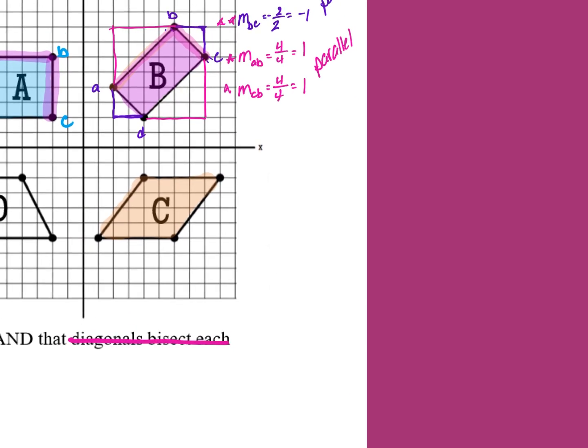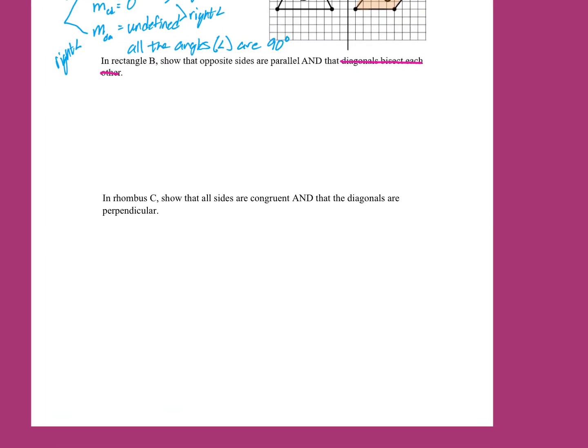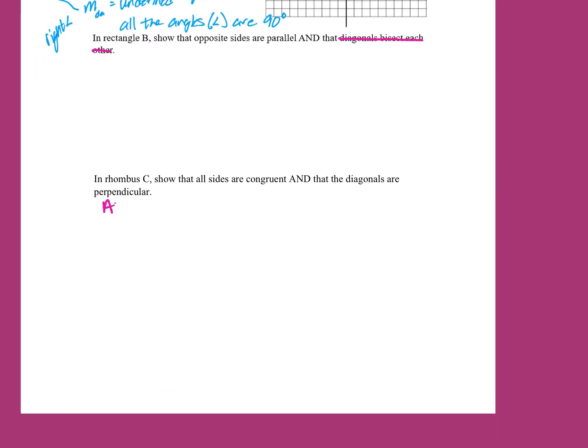Let's write it down here. All sides congruent. So I'm going to find the length of all my sides. And no right angles. No right angles. So that's what I've got to prove. And then we're not going to talk about the diagonals.